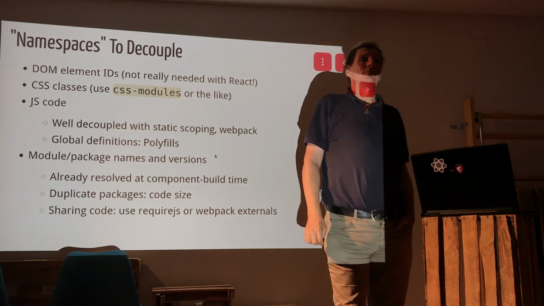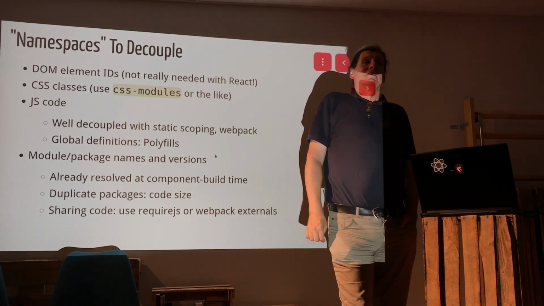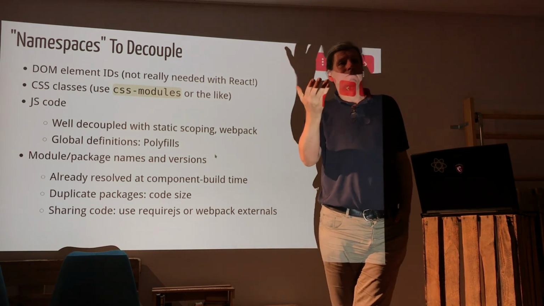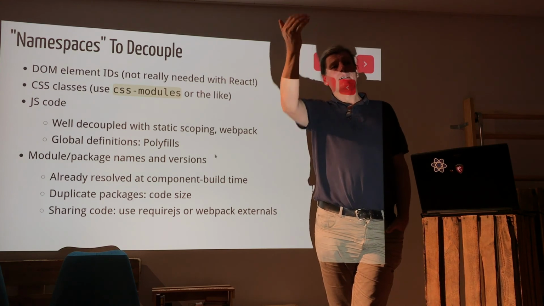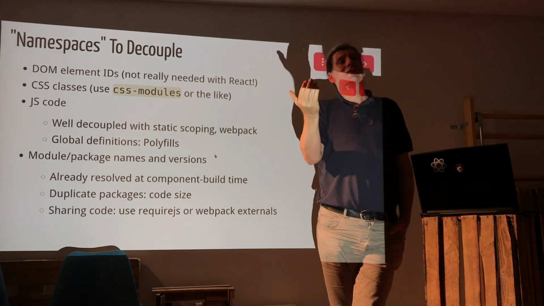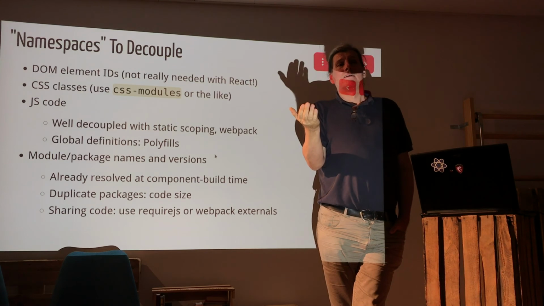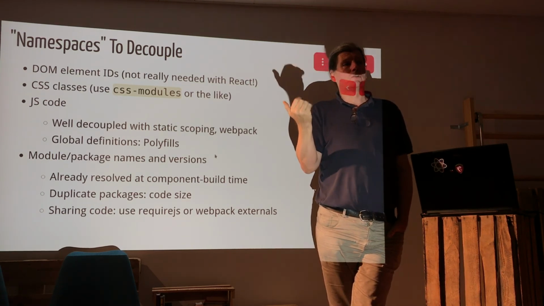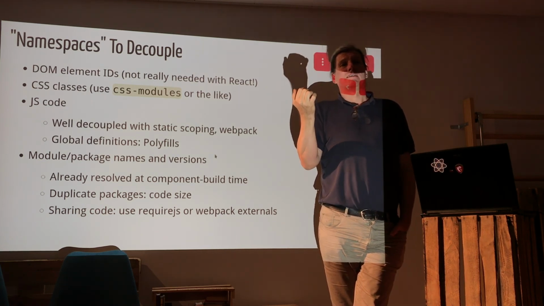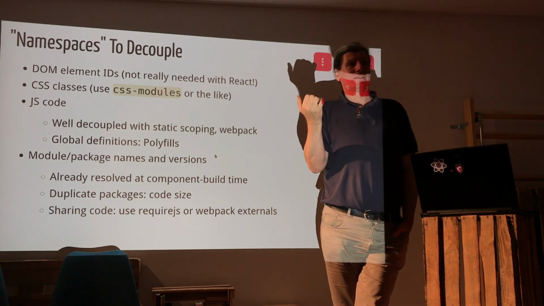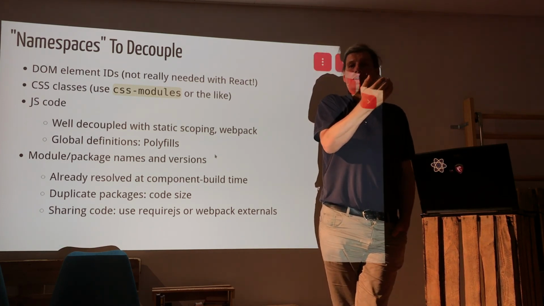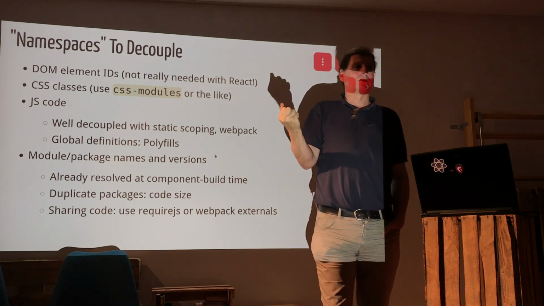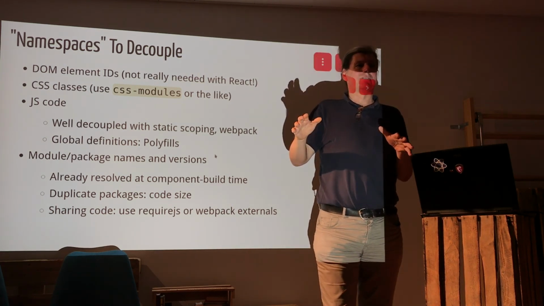Actually, in an earlier version, our contract between root UI and the child UI was that the root UI loads a JavaScript module exporting a React component, and then the root UI just instantiates that component within its own React tree.